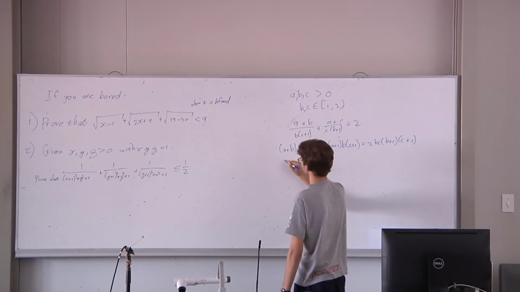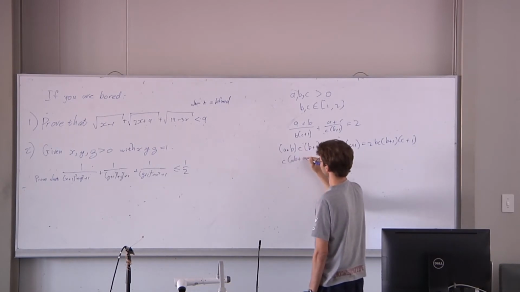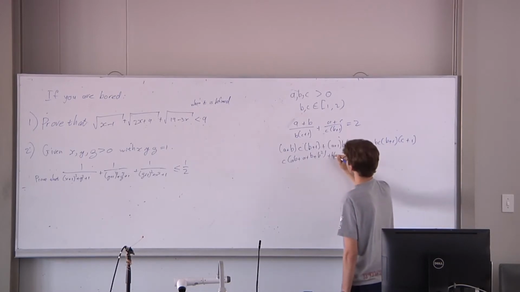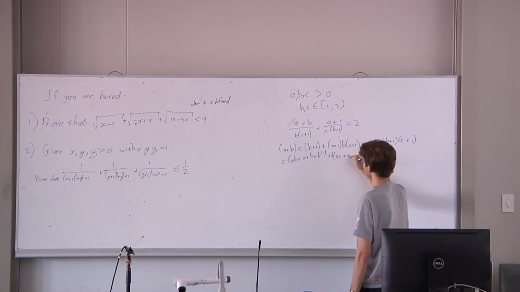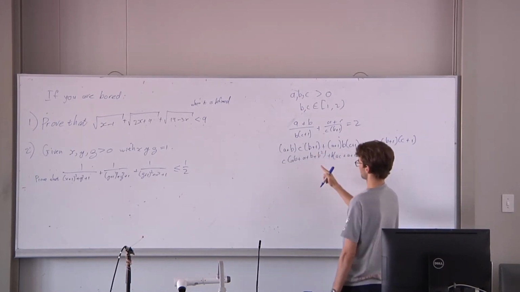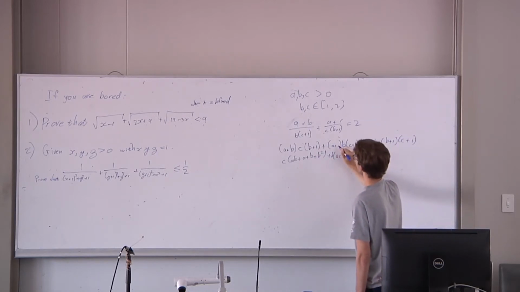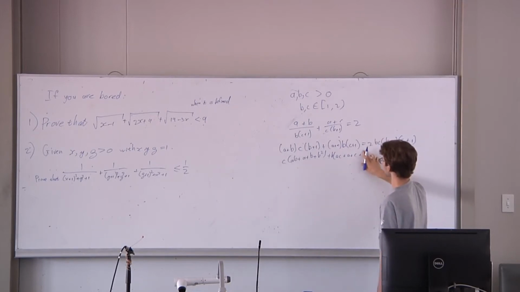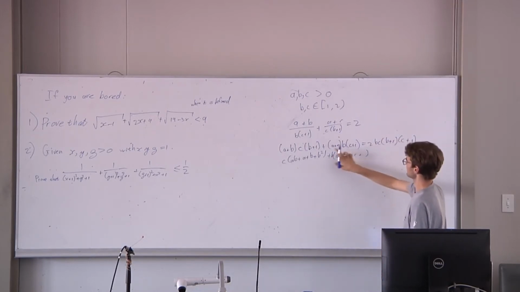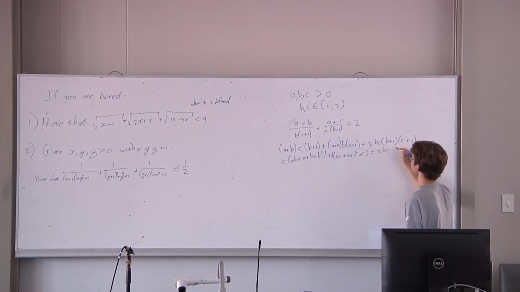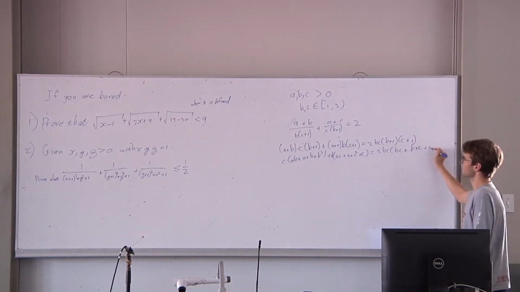And you simplify this to get c times ab plus a plus b squared plus b times ac plus a plus c plus 1. So ac squared plus c is 2bc times bc plus b plus c plus 1.